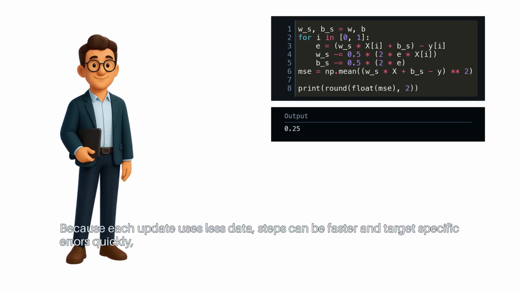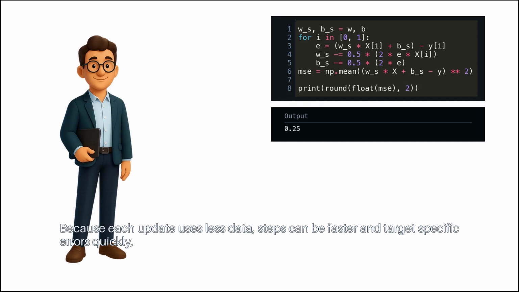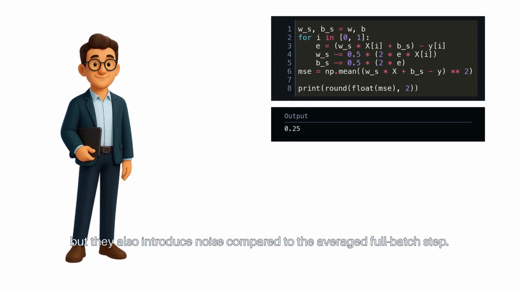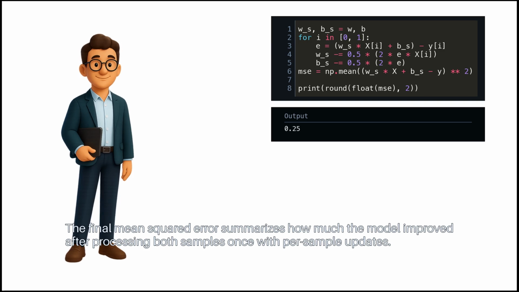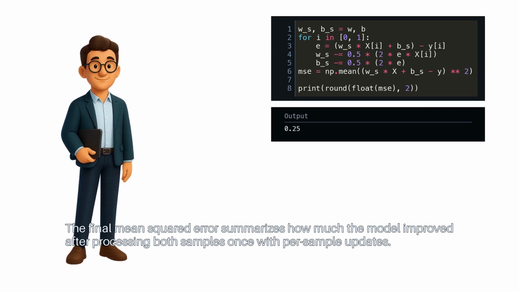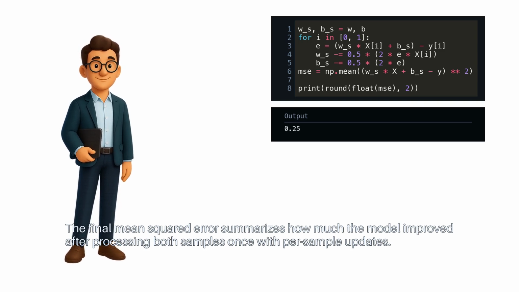Because each update uses less data, steps can be faster and target specific errors quickly. But they also introduce noise compared to the averaged full batch step. The final mean squared error summarizes how much the model improved after processing both samples once with per sample updates.